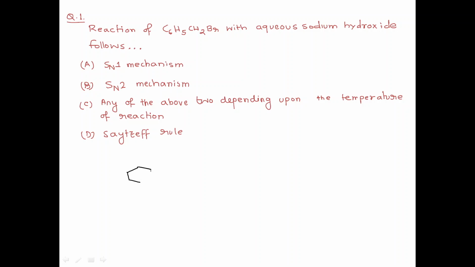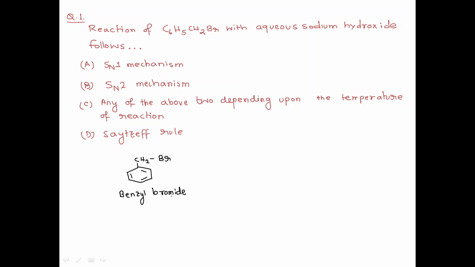So that is nothing but this, correct? CH2Br. So you know what this is? Now, it is nothing but your benzyl bromide, correct? This is nothing but your benzyl bromide. So this functional group we call a benzyl functional group.